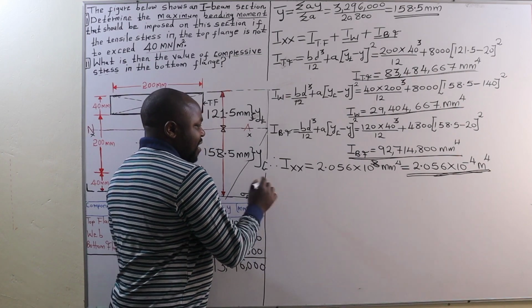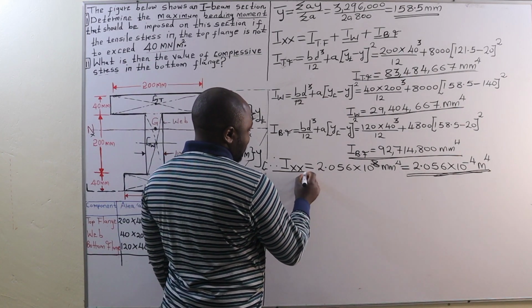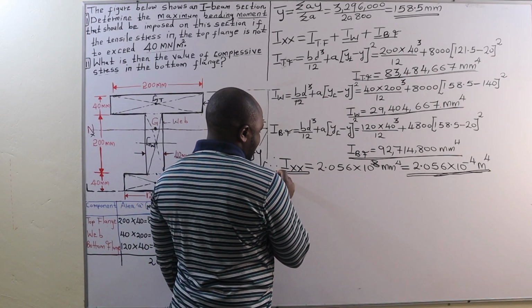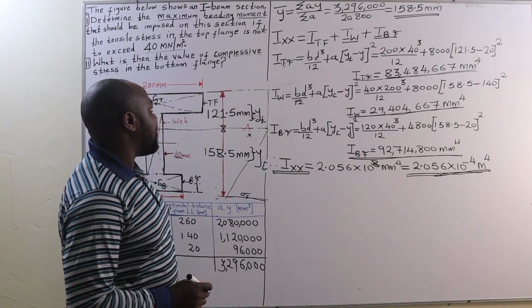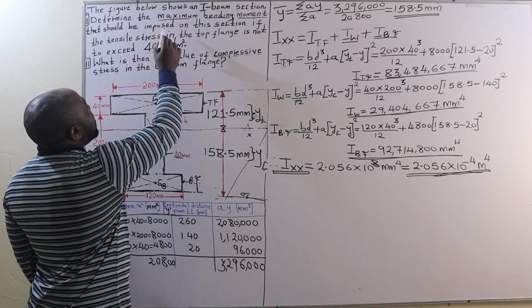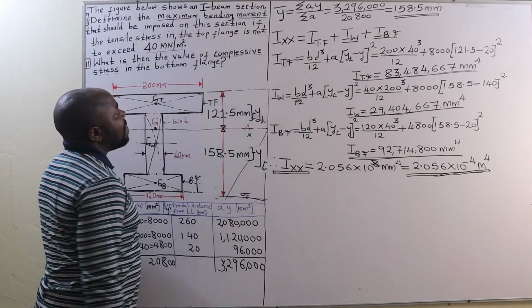Now, after getting the moment of inertia, we are now going back to solve the two equations that we have. The first one is to determine the maximum bending moment.